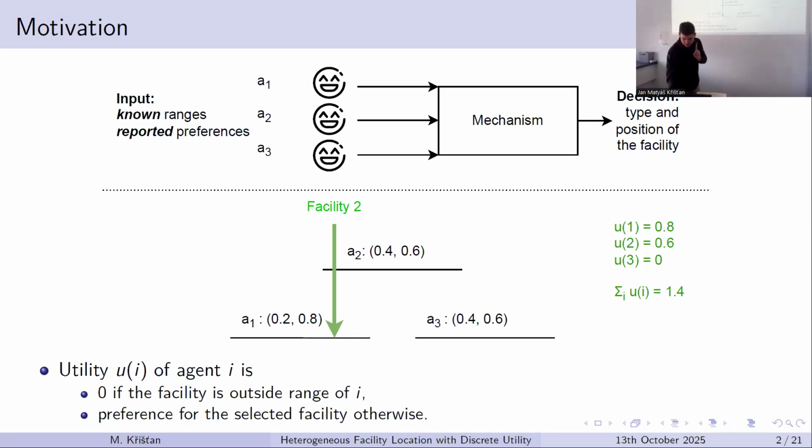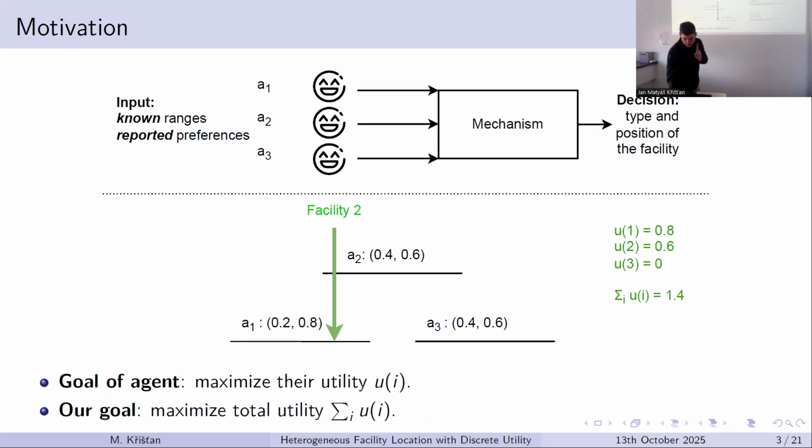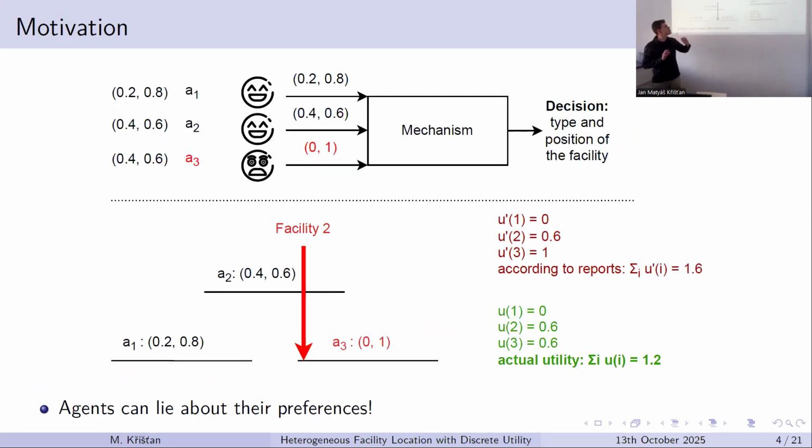But in our setting, we assume that the agents can lie about some information. So in this setting, we will assume that the positions of the agents are publicly known and they cannot lie about it, but they can lie about the preferences between the two facilities.